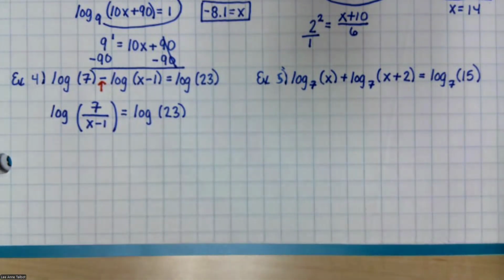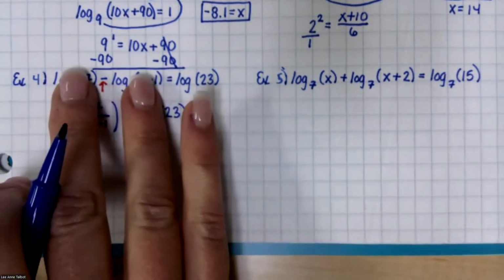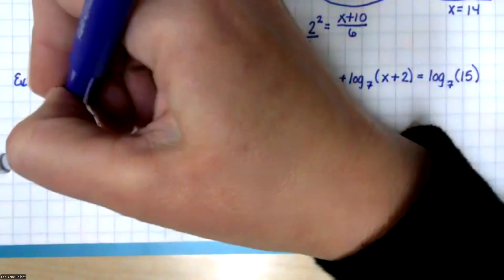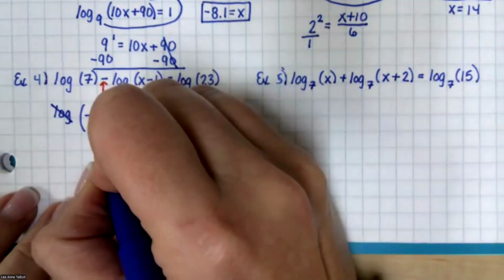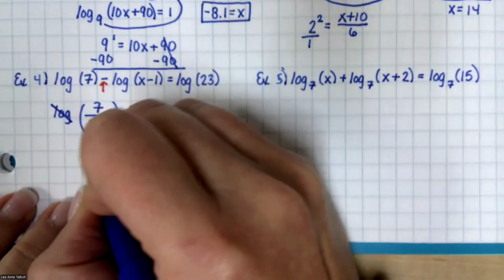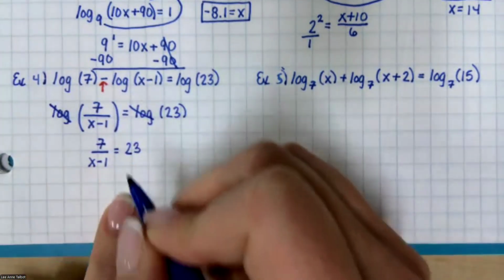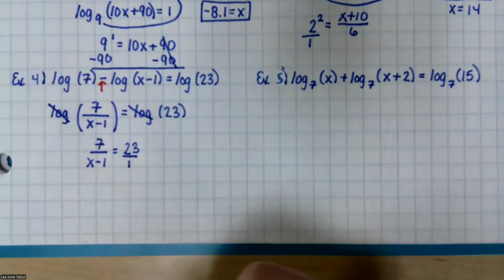This is why I saved the best for last. You've condensed these two logs down to one log, and now there's a log on both sides and they cancel. Then when you get to this spot, put the 23 over 1 and cross multiply.